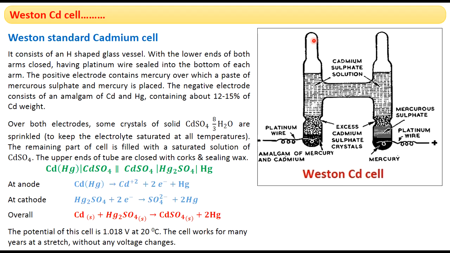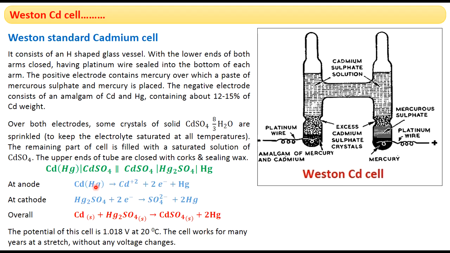The upper ends of the cell are sealed with corks and sealing wax. The cell can be represented as Cd(Hg) | CdSO4 | salt bridge | CdSO4 | Hg2SO4 | Hg.